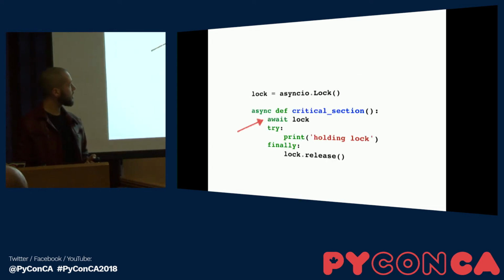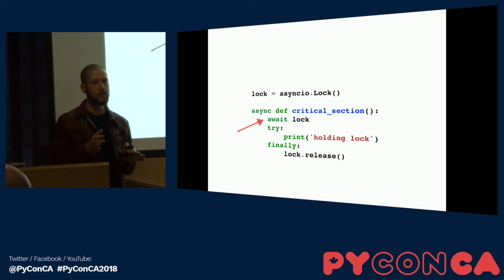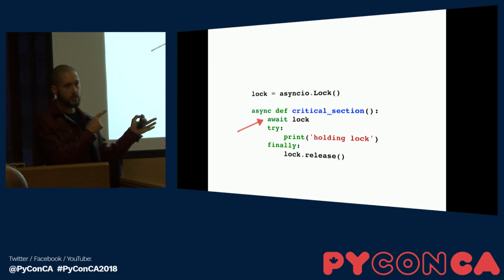Let me first show you this standard library example where something like that happens. So asyncio has coroutines that can run concurrently, and therefore it has a lock object to protect shared data. And you can acquire the lock with this await expression.